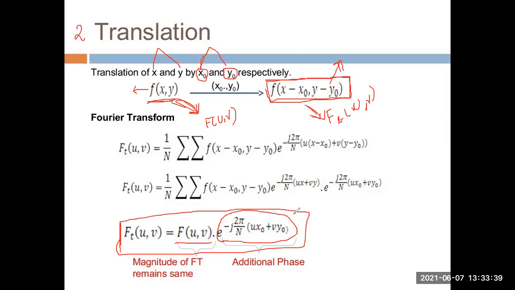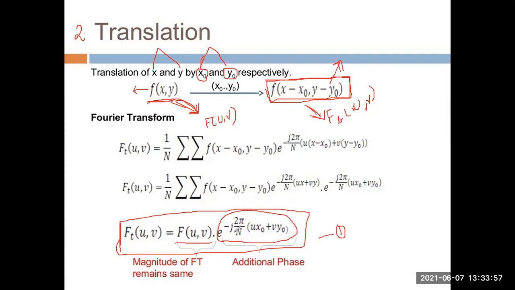There will be changes only in the phase angle; some additional phase angles are added. This is the first point you have to remember: what happens if a translation is performed in the time domain? What will be the translation in the frequency domain?